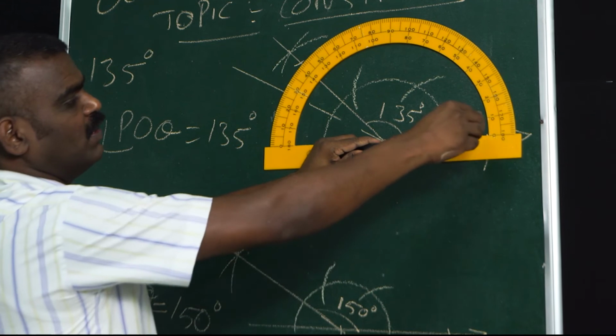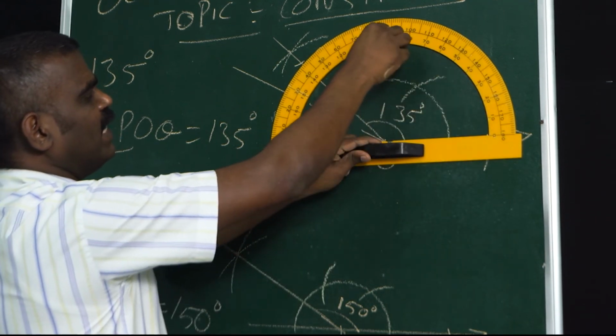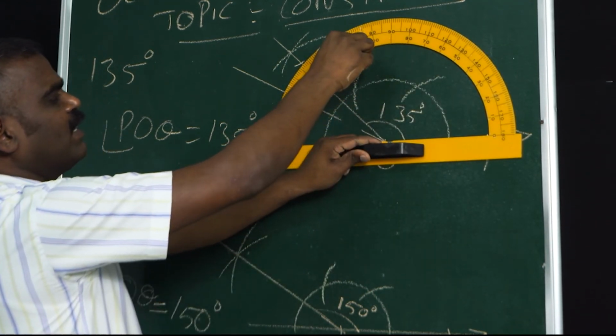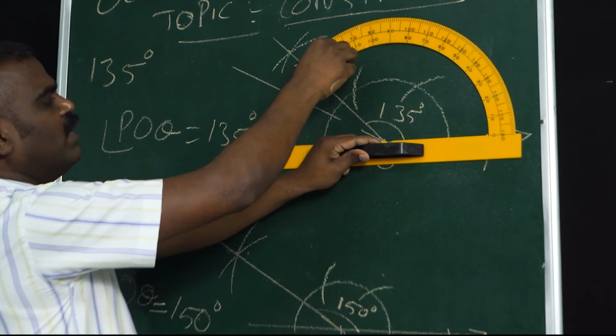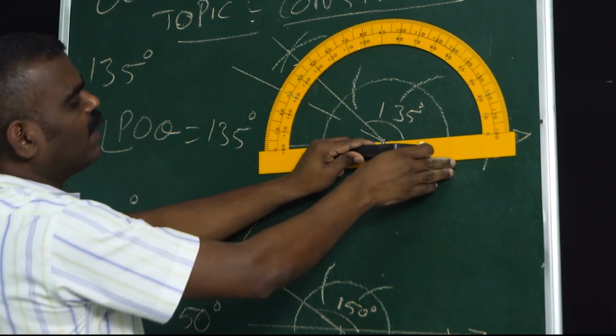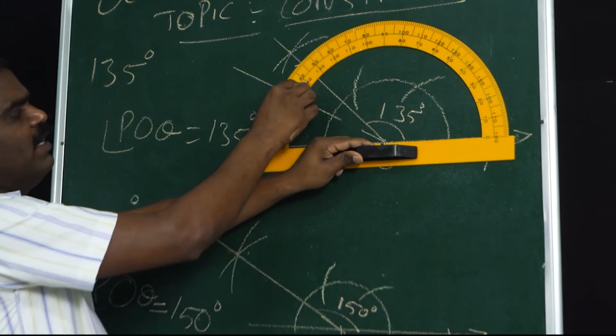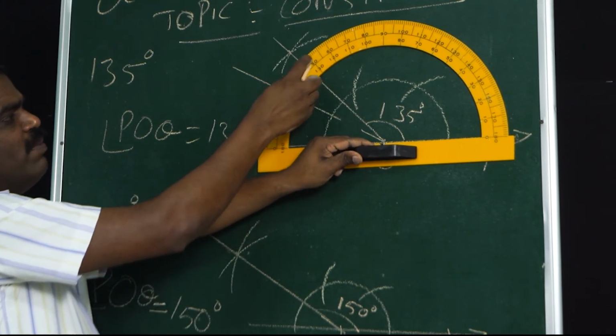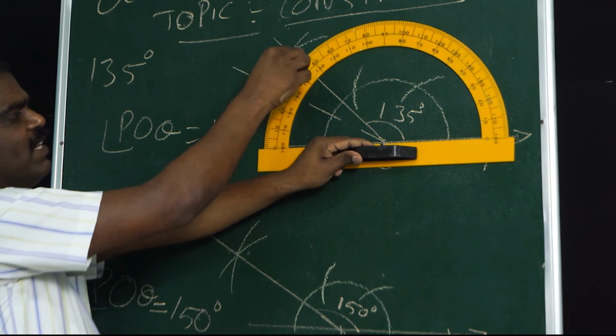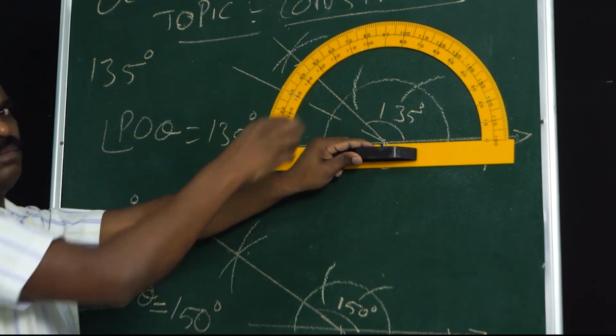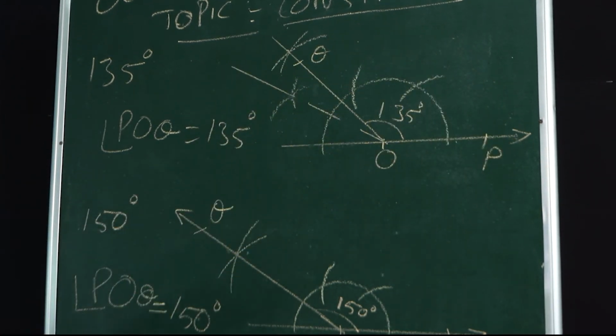Okay, count 0, 10, 20, up to 130, 140 here, right? 130 and 140. Middle is coming 135. Is that so? Yes. So 135 also finished.